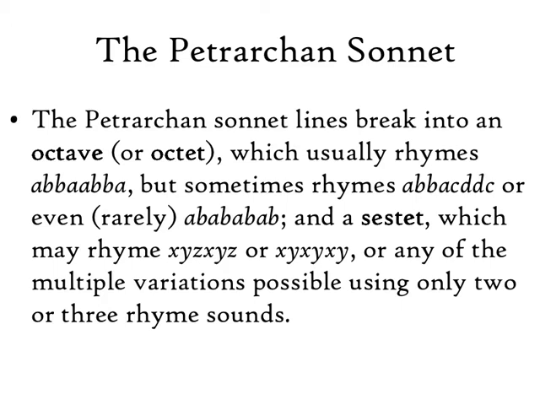The first 8 lines, or the octave or the octet, has a rhyme scheme of normally A, B, B, A, A, B, B, A. Sometimes the octet might have a rhyme of A, B, B, A, and then C, D, D, C. But then the second part is a sestet, which rhymes like XYZ, XYZ, XYX, YXY, any of the multiple variations of those last 6 lines where the first 3 of the 6 are going to have a certain rhyme, and then the last 3 will have a certain rhyme.